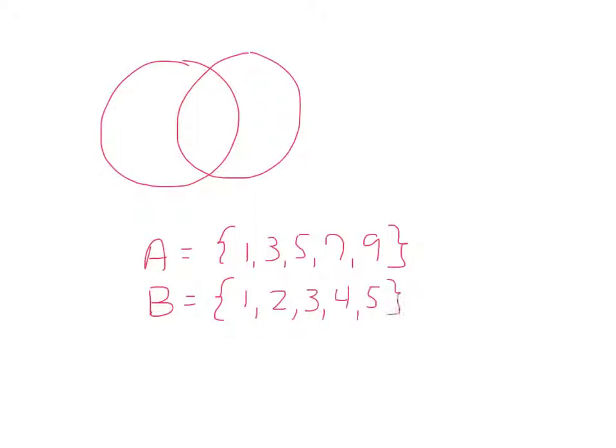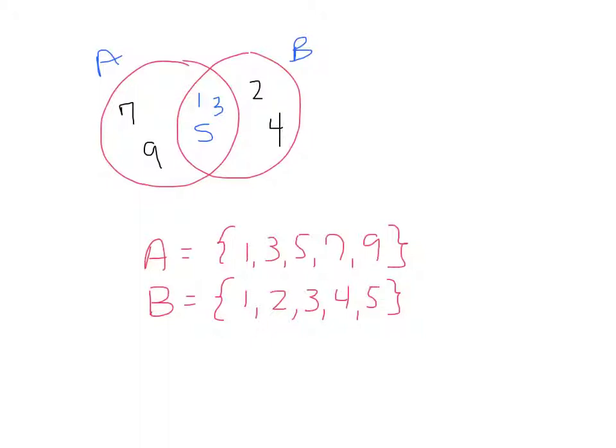If I start organizing my Venn diagram, in terms of A and B, 1, 3, and 5 are in both. 7 and 9 are only in A, and 2 and 4 are only in B.